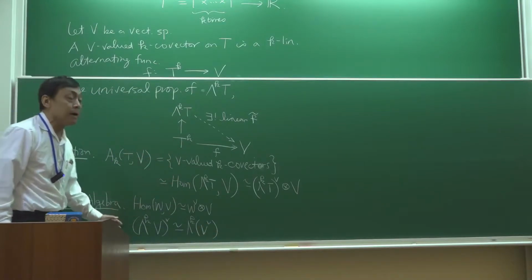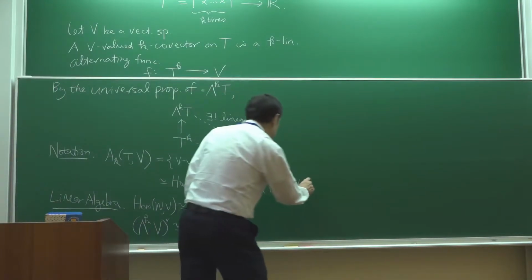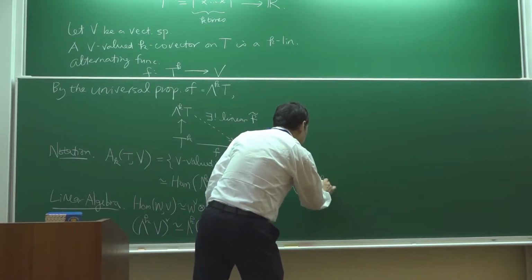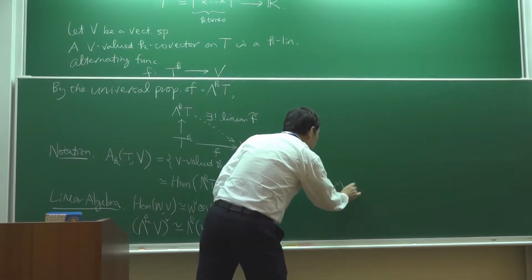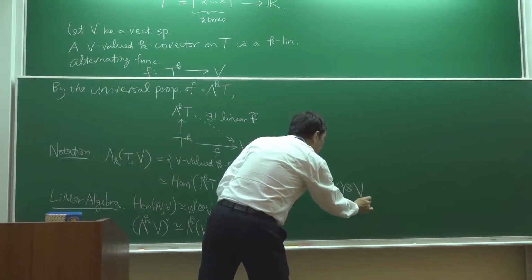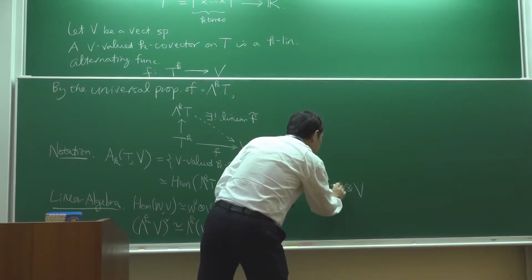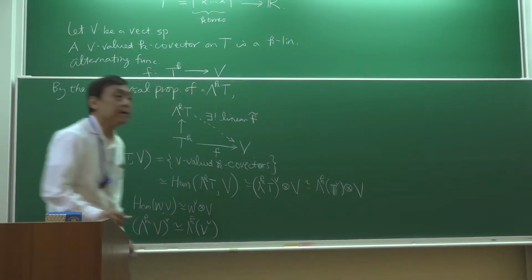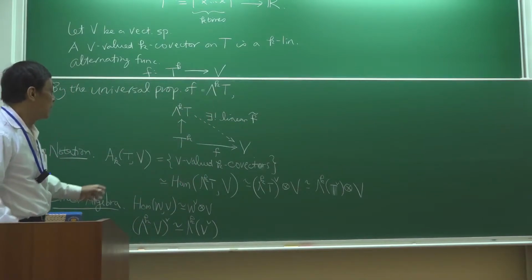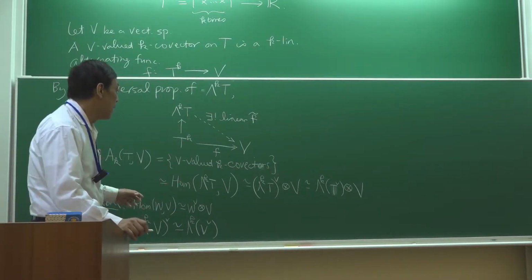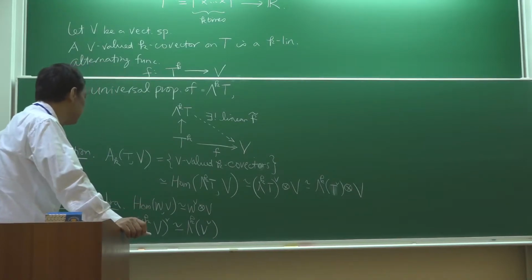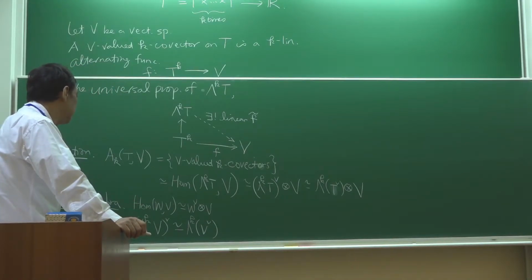These are facts from linear algebra. So this is isomorphic to lambda^k T dual tensor V. Let me see, do we need finite dimensionality?